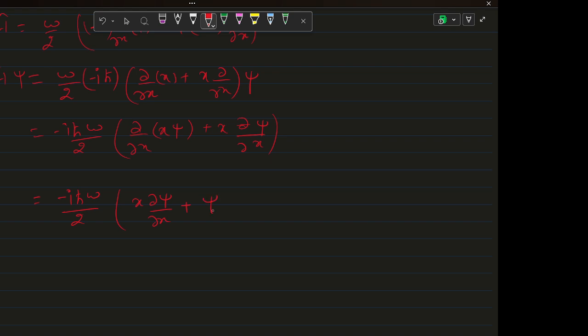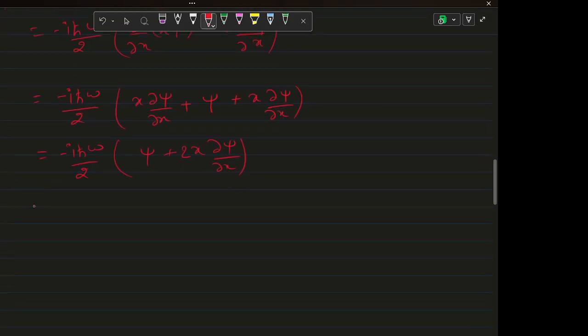So we will get ψ plus x ∂ψ/∂x is equal to minus iħω/2 times ψ plus 2x ∂ψ/∂x. So minus iħω times 1/2.